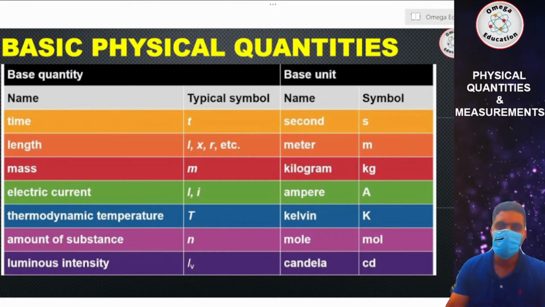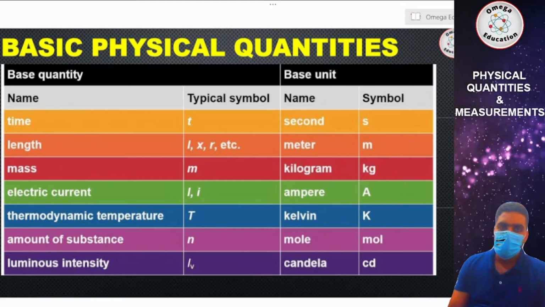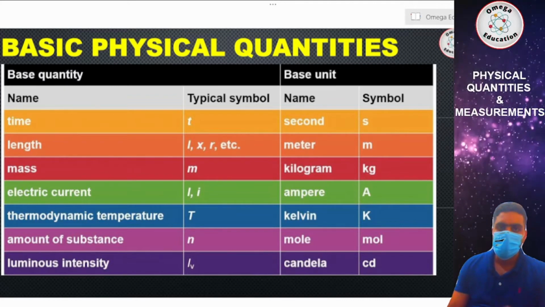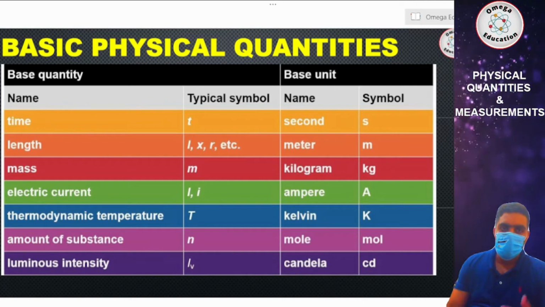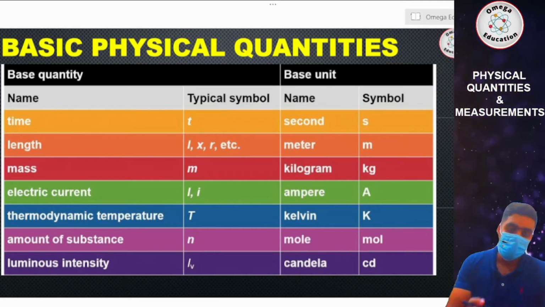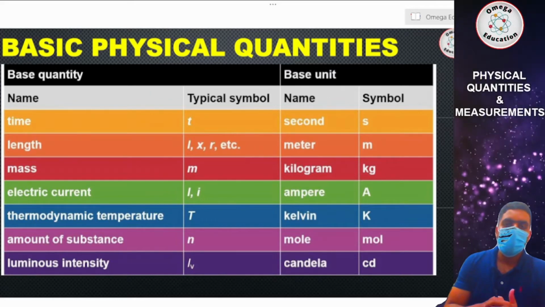These 7 are independent, they have their own definition, they do not depend on any other quantity to be defined, but at the same time you can combine one or two or three of these quantities or even more, and they'll give rise to a lot of physical quantities.